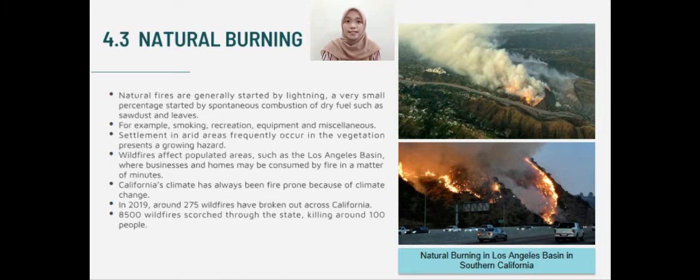In 2019, the latest wildfires happened in California. Around 275 wildfires broke out across California. The most destructive year was 2018, when 1,500 wildfires scorched through the state, killing around 100 people.